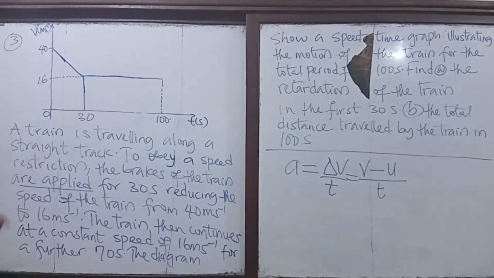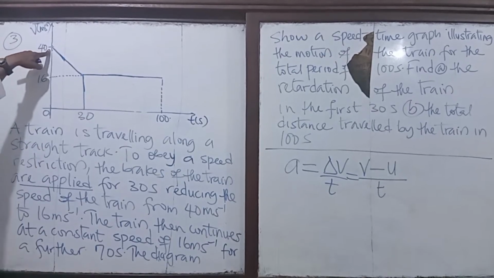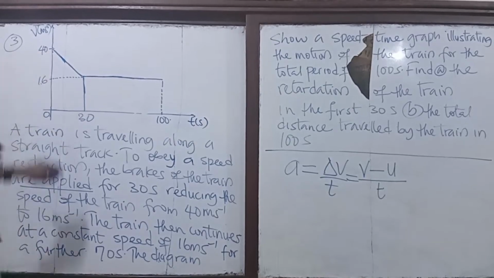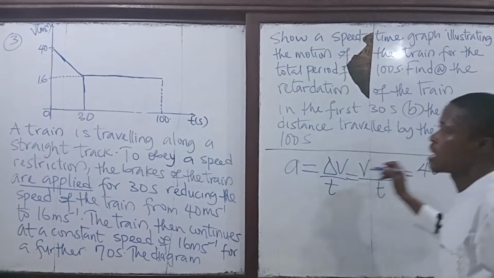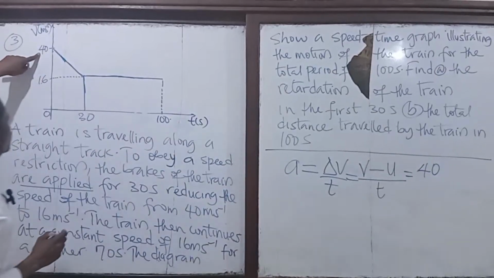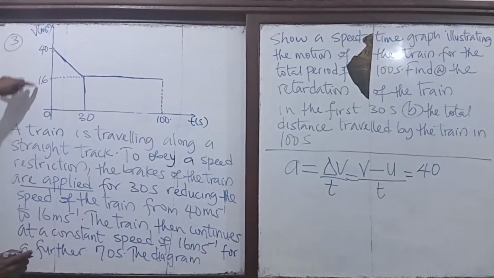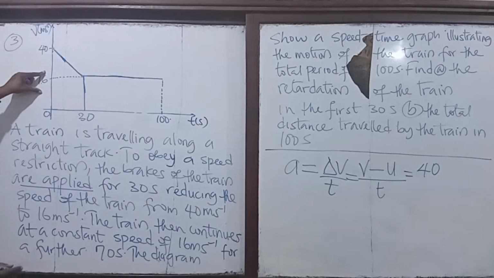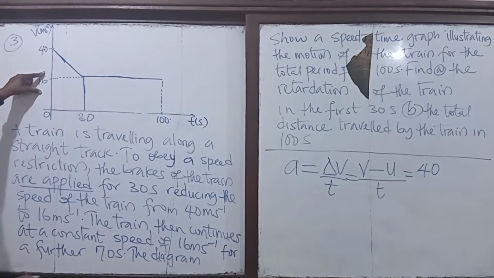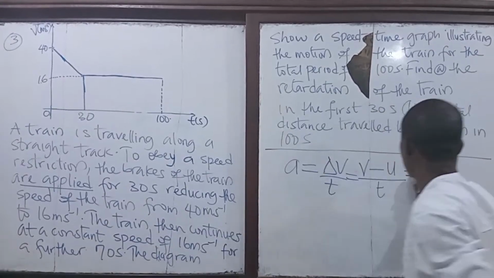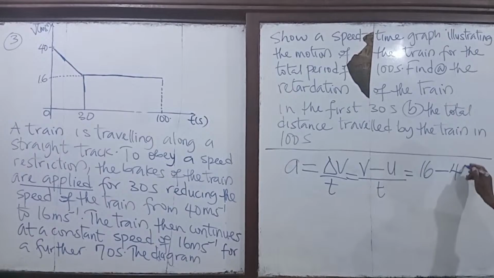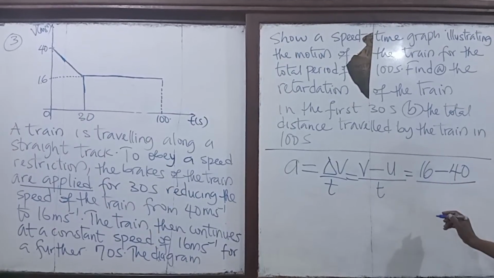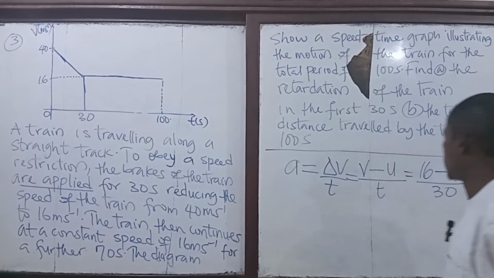If you look at the motion, the train started at 40, and then there is a reduction from 40 to 16. So the final velocity is 16, the initial is 40, over the time, which is 30.